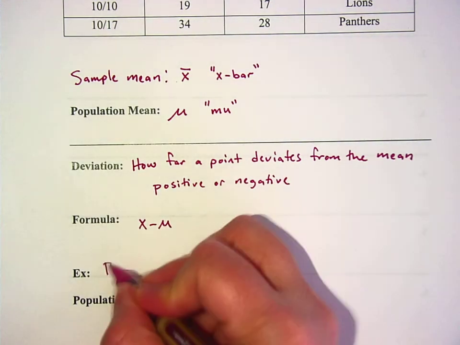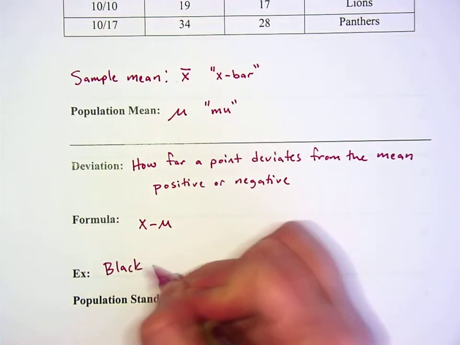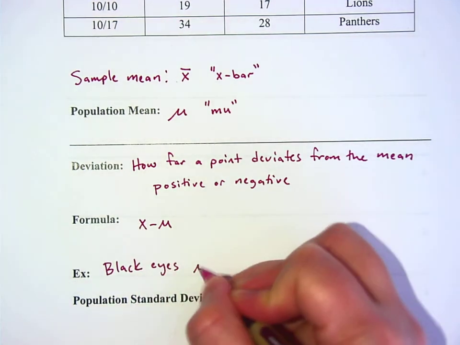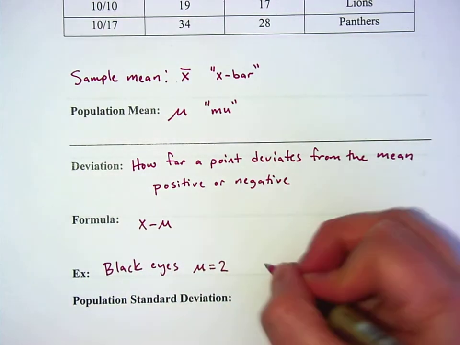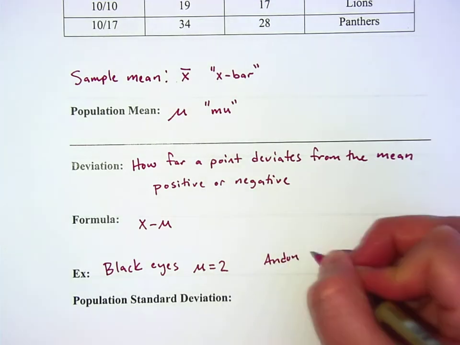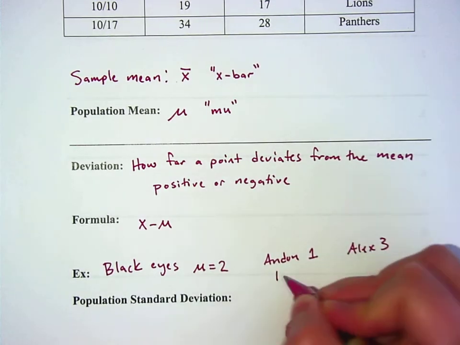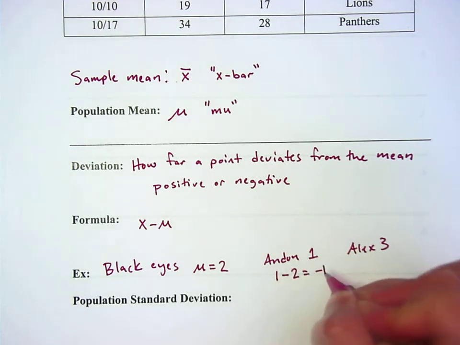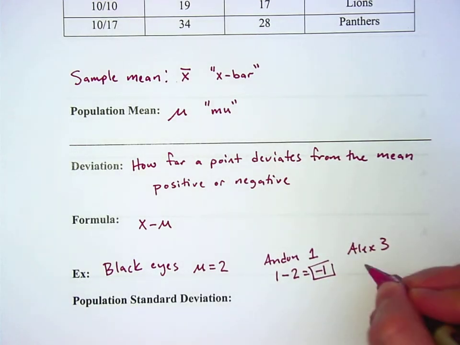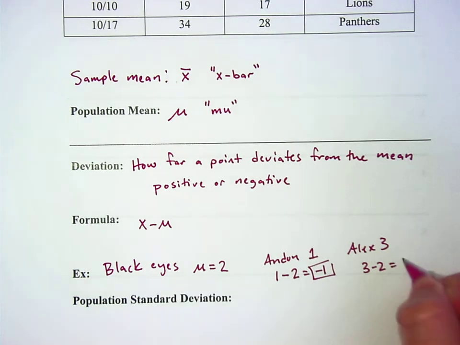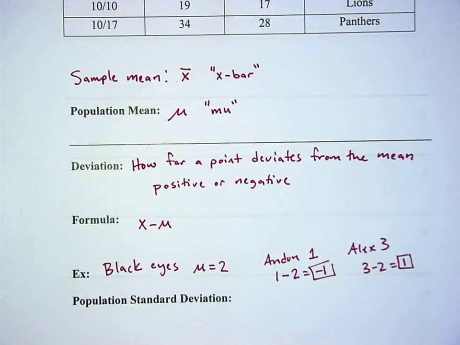So in this case, we were talking about black eyes, and we said that our mu was 2, and then Andon said that his number was 1, and Alex said his number was 3. And 1 minus 2, Andon's deviation is -1, and Alex is 3 minus 2, Alex's deviation is +1.